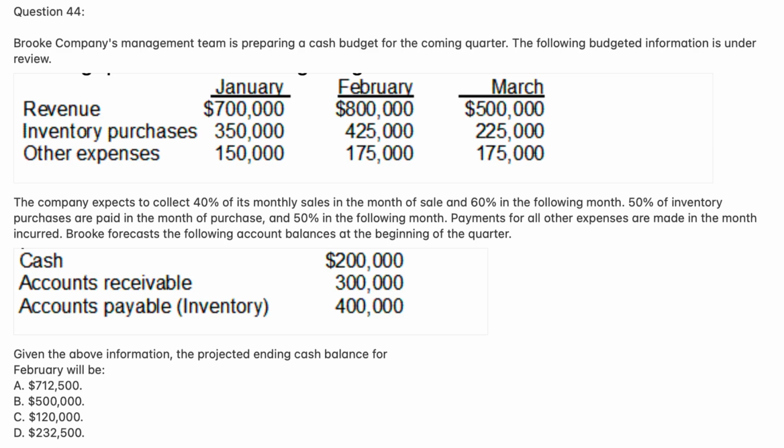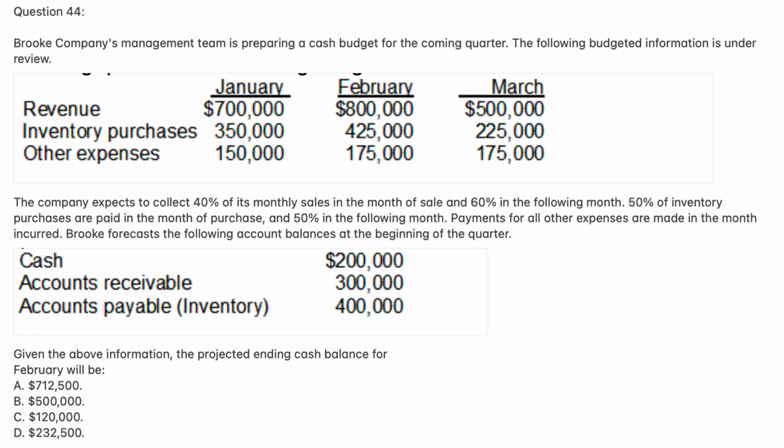equals $2,208,750. Question 44. Brooke Company's management team is preparing a cash budget for the coming quarter. The following budgeted information is under review. The company expects to collect 40% of its monthly sales in the month of sale and 60% in the following month. 50% of inventory purchases are paid in the month of purchase, and 50% in the following month. Payments for all other expenses are made in the month incurred.